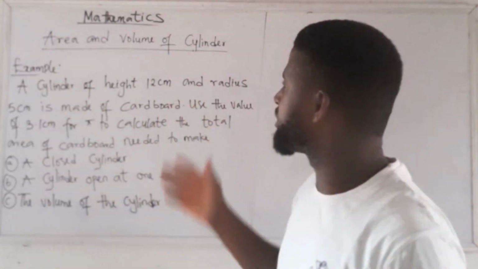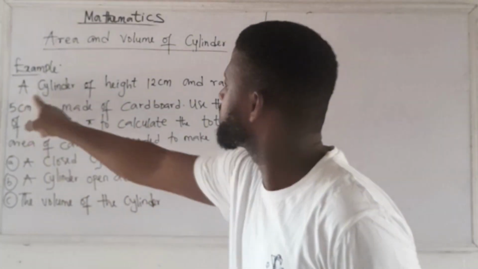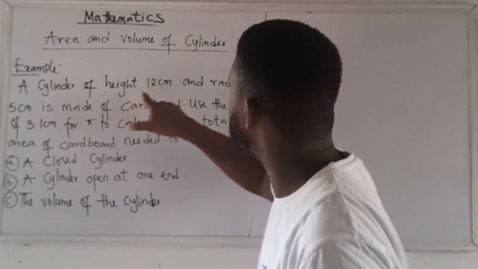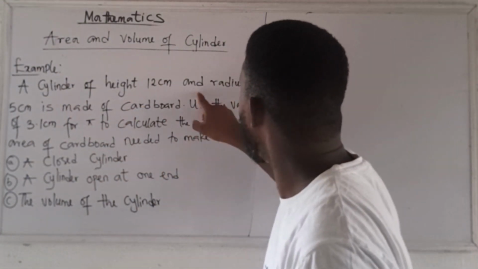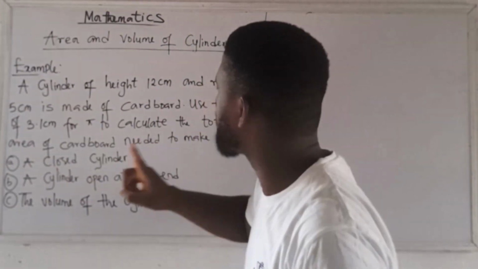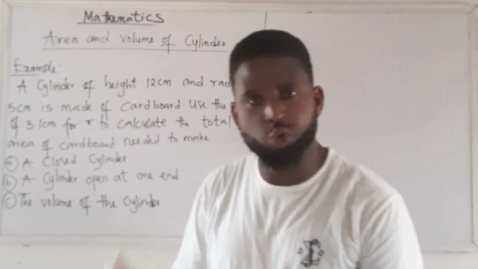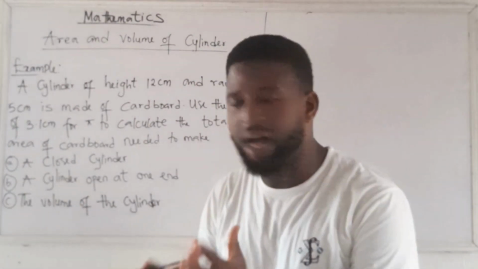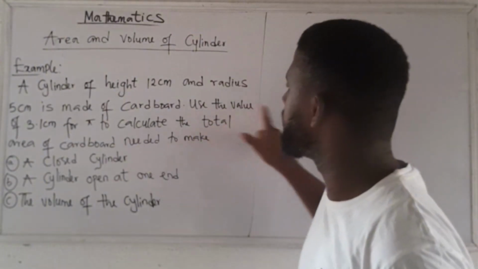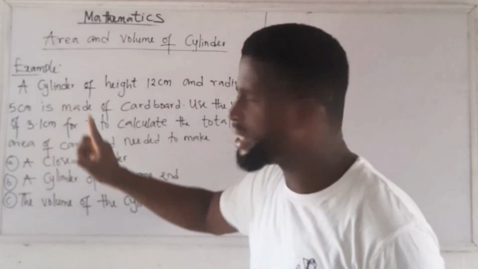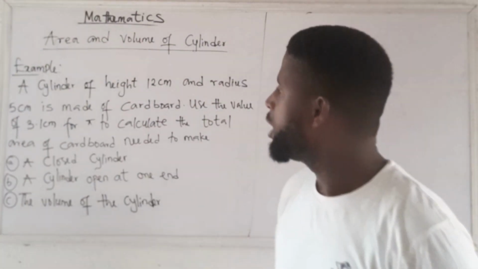Okay, so we have another example that says a cylinder of height 12 centimeter and radius 5 centimeter is made of cardboard. That is, what was used to make the cylinder is cardboard, right? Use the value of 3.1 for pi. Now, please take note.